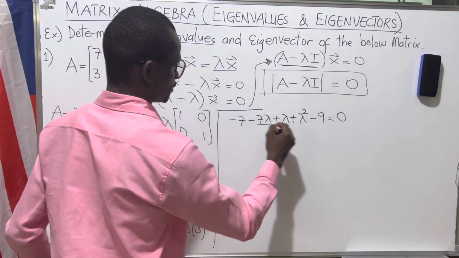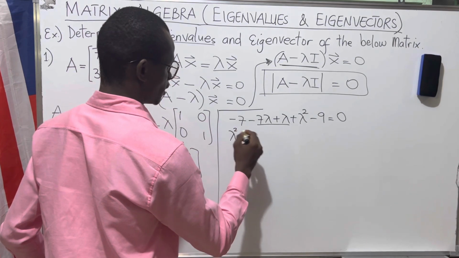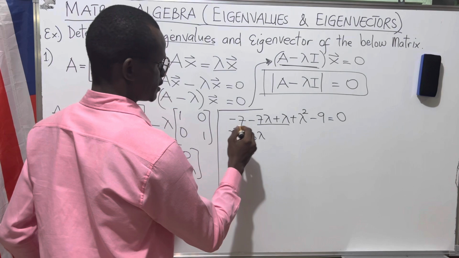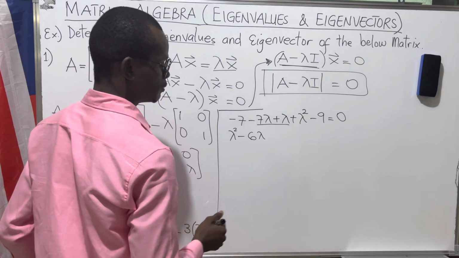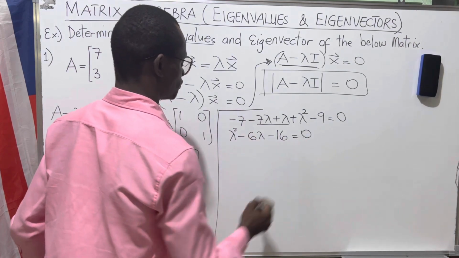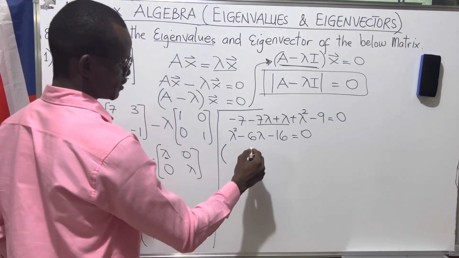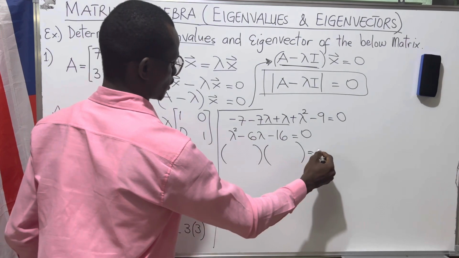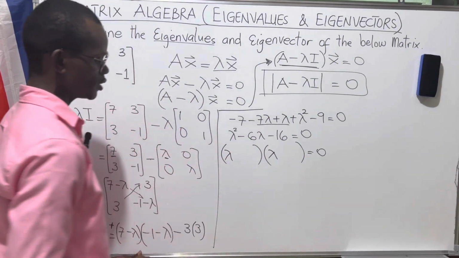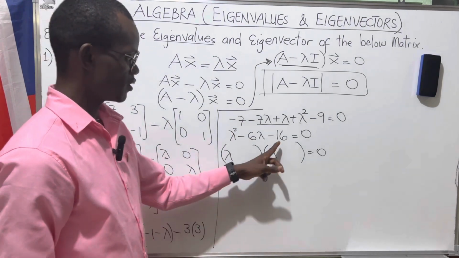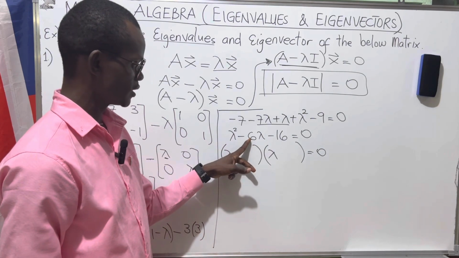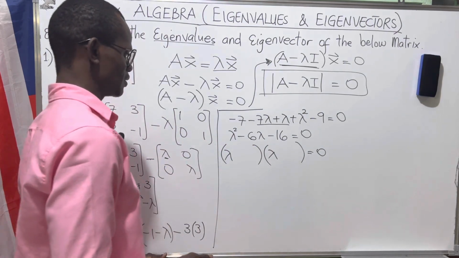So we have lambda square equal to minus 6 lambda, minus 7 and minus 9 is minus 16, equals 0. We can see how best we can factorize it. We have lambda times lambda, and which two numbers multiply to give us 16, and when we subtract them we get minus 6?